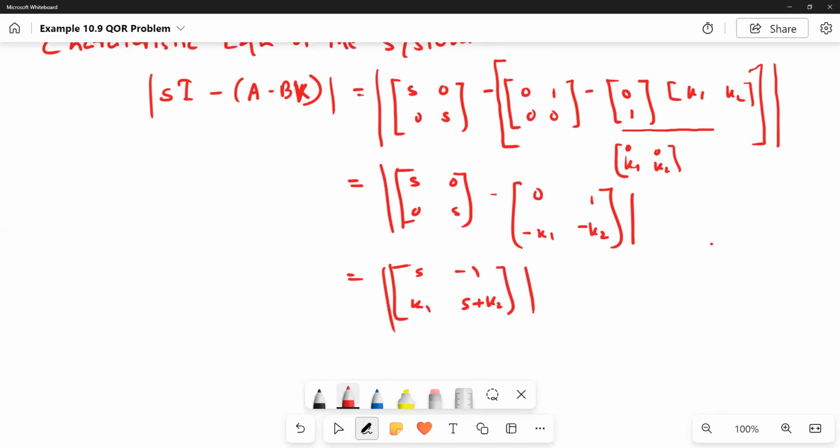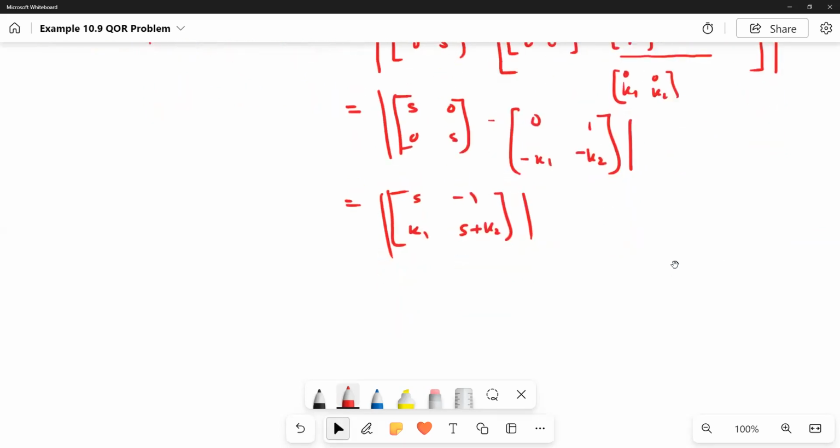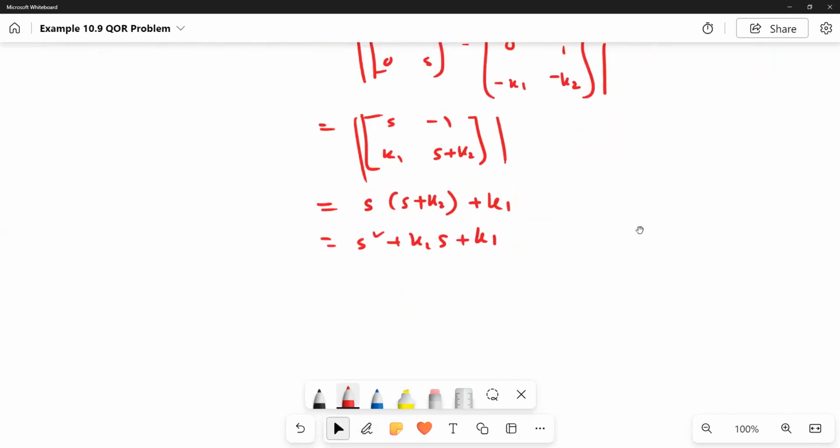Find the determinant of that. Ultimately, it will give you s multiplied by (s plus K2) plus K1, so s square plus K2 s plus K1. We know the values of K1 and K2, so ultimately s square plus square root of mu plus 2 times s plus 1. The characteristic equation is simply s square plus square root of mu plus 2 times s plus 1 equal to 0.